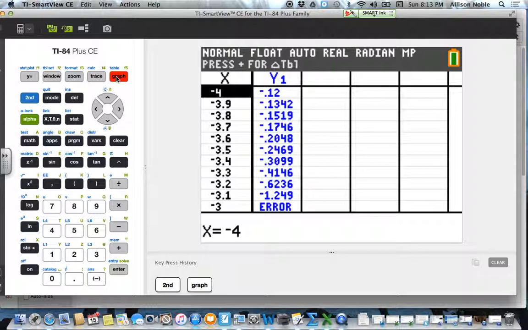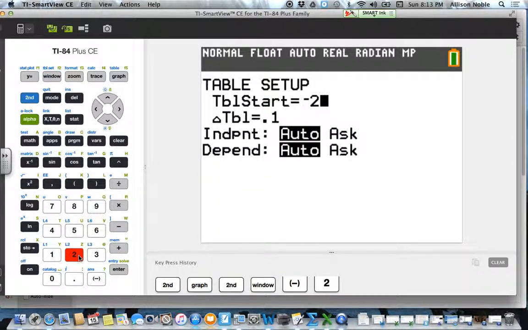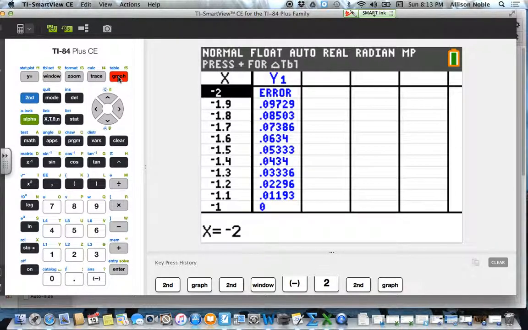Go to my table. So let's see, we'll start at negative 2. Right before negative 2, at negative 1.9 it is 0.09.